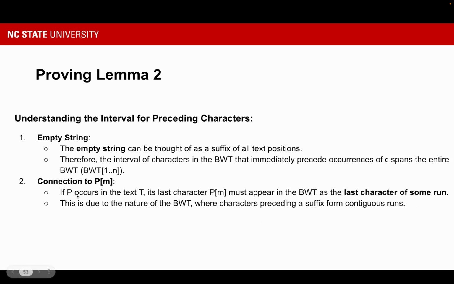So if the pattern P exists in T, then P of m must appear in the BWT, because BWT is just a transform of this text T and it appears as the last character of some run. This is because BWT has this nature of characters having a preceding suffix form of contiguous runs.